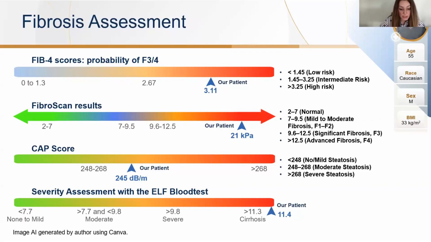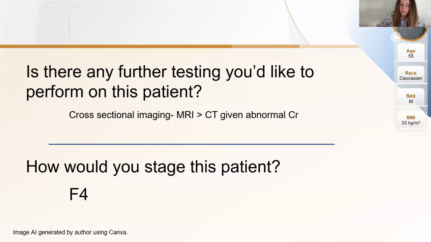So now, based on these NITs and taking into consideration that the patient has now thrombocytopenia, there is real concern that fibrosis may have progressed to F4, though liver disease is still well compensated.